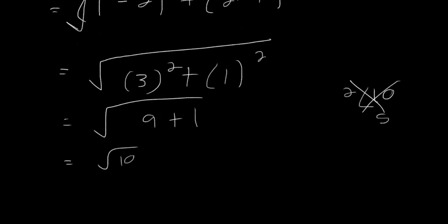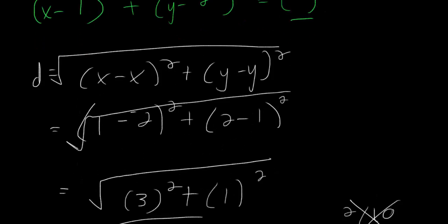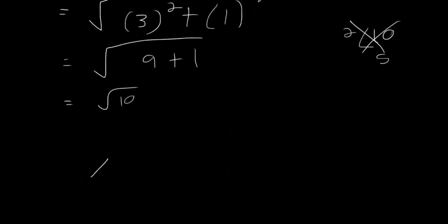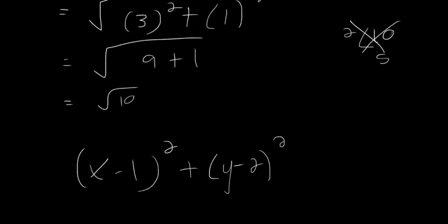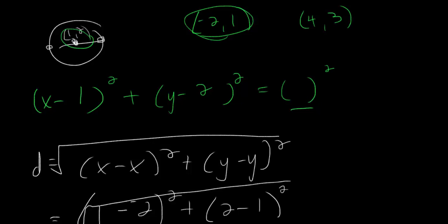But I can finish my equation of a circle, okay, that we started here. I can say (x - 1)² + (y - the y value of the center, which was 2)², and then r squared. Okay, well, r, we found the distance between this point, the center, and the endpoint.